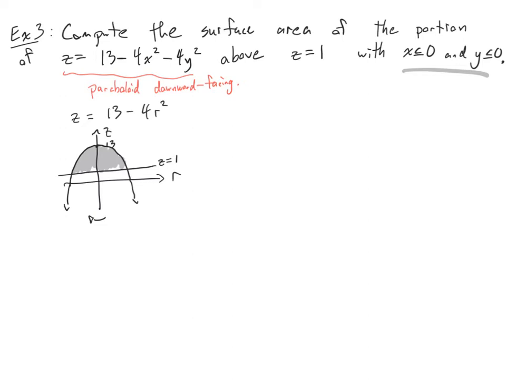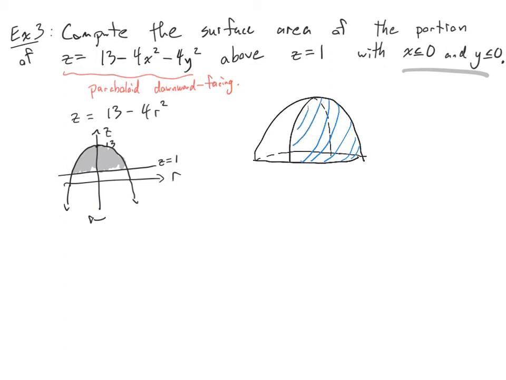Personally, I'm going to do it by just computing the whole surface area of the surface and then dividing it by 4. But what you should think is that we are basically just computing the surface area of one of these quarters in this drawing of this paraboloid and not the other quarters.